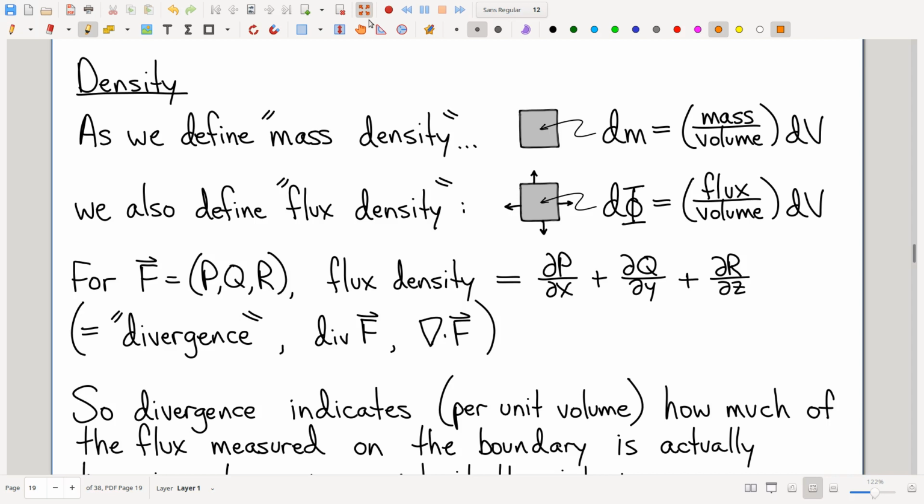And here, following the analogy, we're going to talk about flux per unit volume. Flux is the stuff, that's the accumulating quantity. Volume is what it's distributed over. Stuff per unit size is density. Just like when you're talking about mass per unit volume, that's a density because it's stuff per unit size.